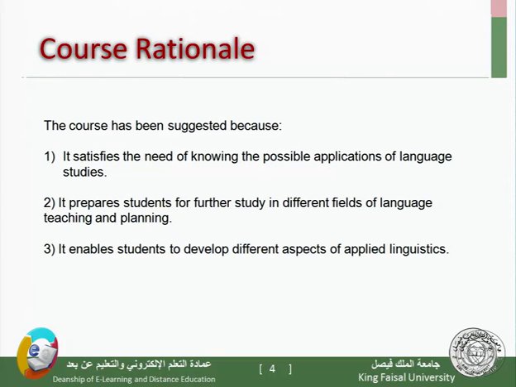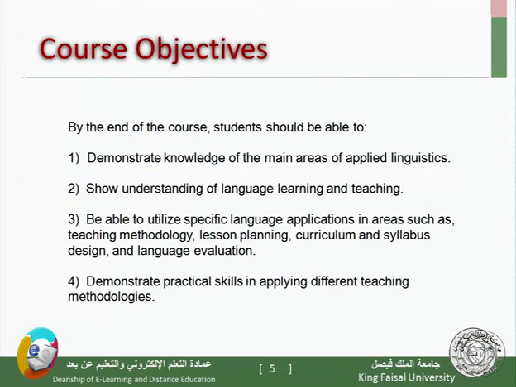Also, the course will be enabling students to develop different aspects of applied linguistics. These are the course rationales. Of course, this is not only the rationale behind it. There are so many other points that we'll be hopefully discussing and tackling throughout the course.